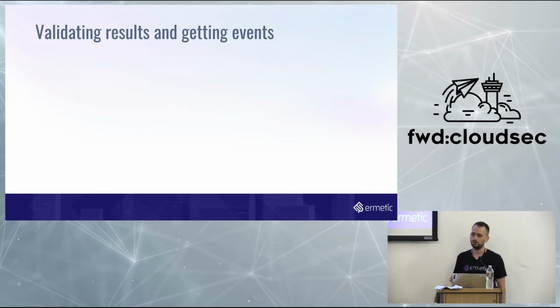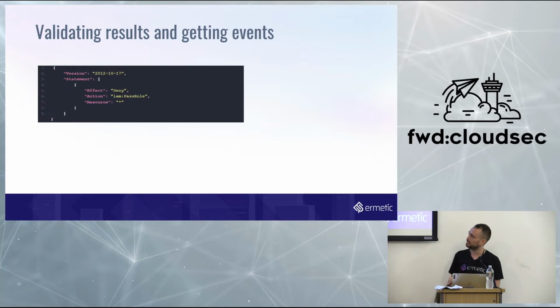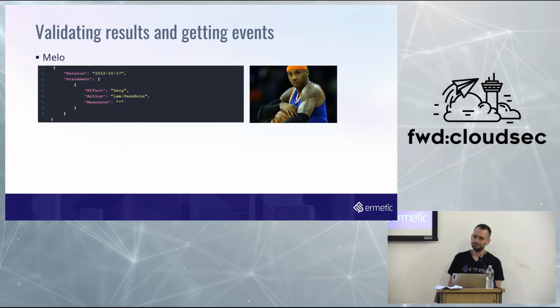they need PassRole. For this, we created a role with admin access, but also this custom policy, which is deny iam:PassRole on star. So this role is allowed to do and is capable of doing everything in the world except passing, which is why, as a reluctant New York Knicks fan, I named it Mello, after future first-ballot Hall of Famer who can absolutely do everything but absolutely cannot pass.